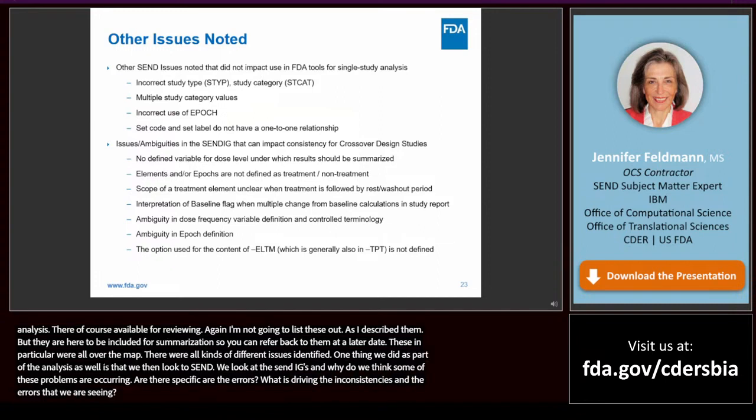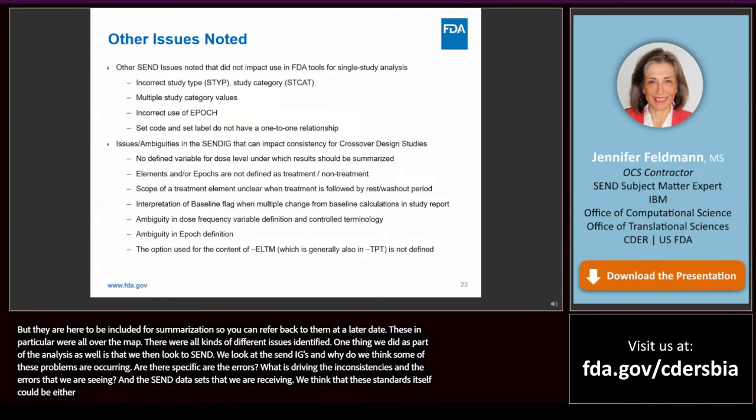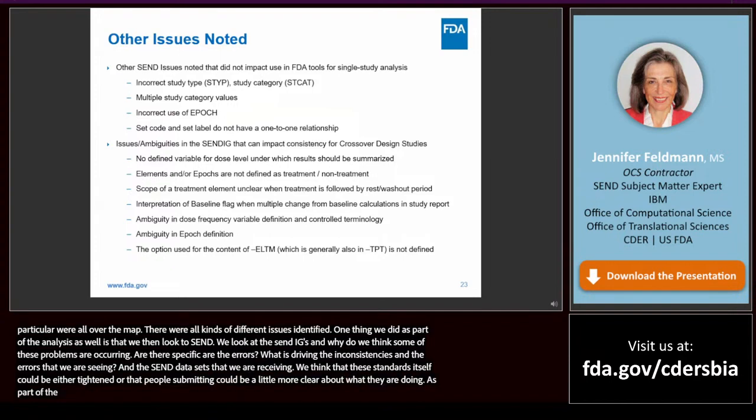And we did find a few of those where we think that the SEND standard itself could be either tightened or that people submitting could be a little clearer about what they're doing as part of the implementation. And so again, I'll include those items in later slides as well with more detail.